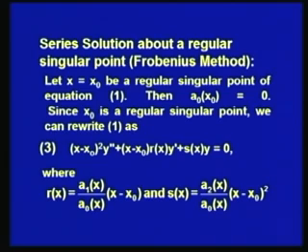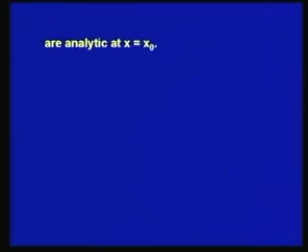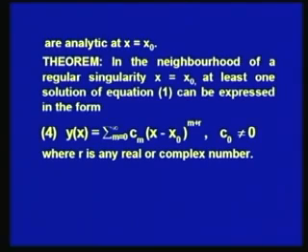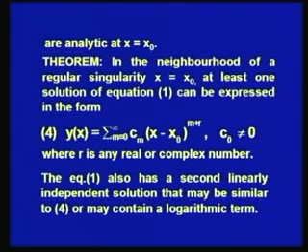Since x naught is a regular singular point, we can write the differential equation 1 as (x minus x naught) whole square into y double dash plus (x minus x naught) into R of x into y dash plus S of x into y equal to 0, where R of x is a1 of x over a naught of x into (x minus x naught) and S of x is equal to a2 of x over a naught of x into (x minus x naught) whole square, and they are analytic at x equal to x naught, because x equal to x naught is a regular singular point.